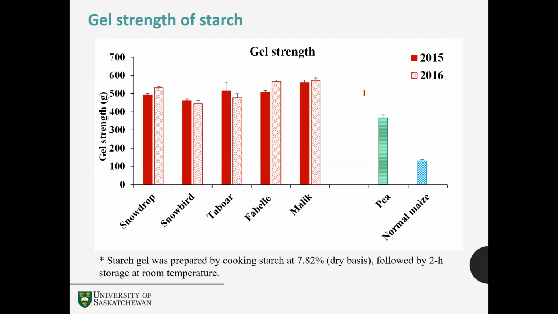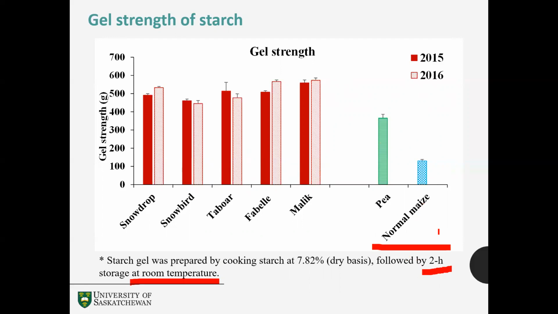We also determined the gel strength of the starches. After we cook the starch using the RVA, we store it at room temperature for 2 hours for gel formation. What we observe is that the faba bean starches form a noticeably stronger gel than the pea starch, and the normal maize starch forms the weakest gel.